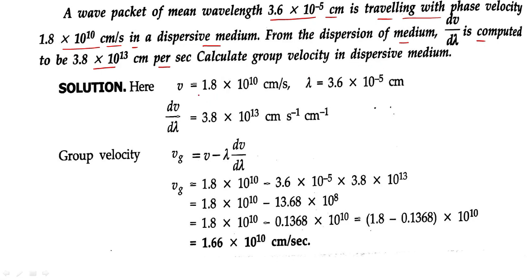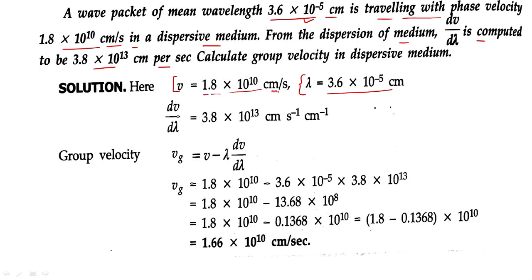Okay, what is given in the question? A wave packet of mean wavelength 3.6 into 10 to the power minus 5 centimeter, that is the wavelength. So lambda equals 3.6 into 10 to the power minus 5 centimeter. The phase velocity v equals 1.8 into 10 to the power 10 centimeter per second.